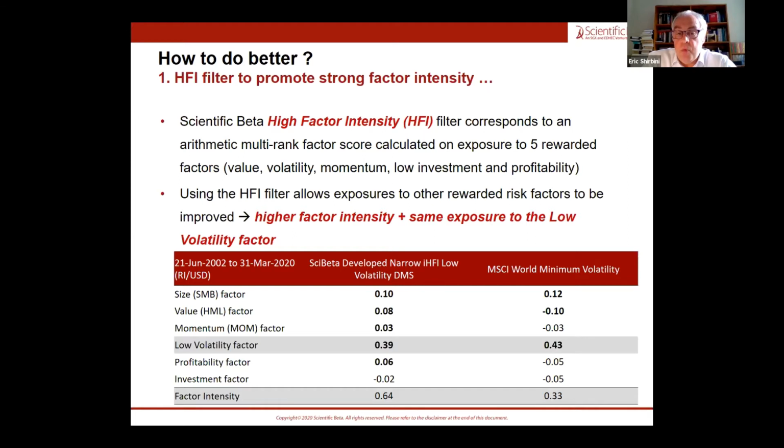In fact, we even end up with a slight positive exposure to other rewarded factors, which will help us deliver better returns over the long term. The resultant factor intensity ends up being twice as high as the factor intensity of other defensive strategies like the minimum volatility strategy. So this will greatly help us in terms of generating better returns over the long term.